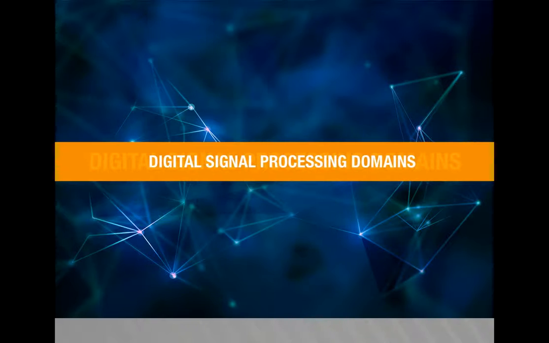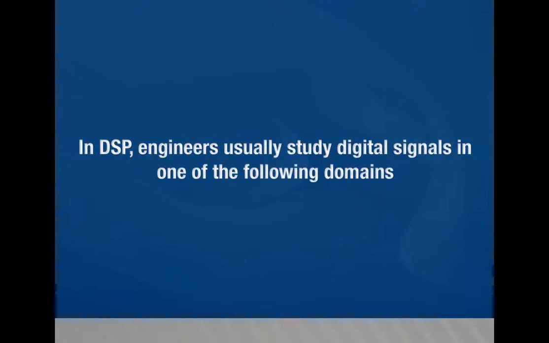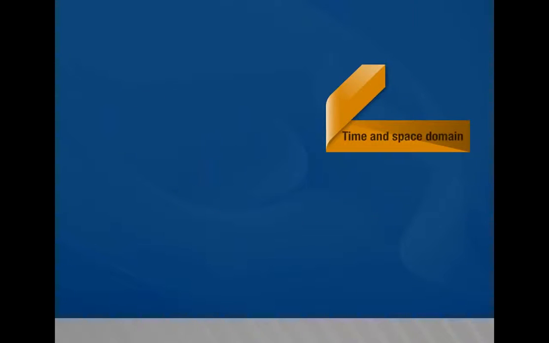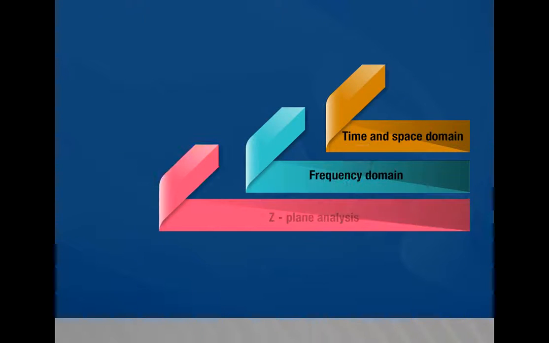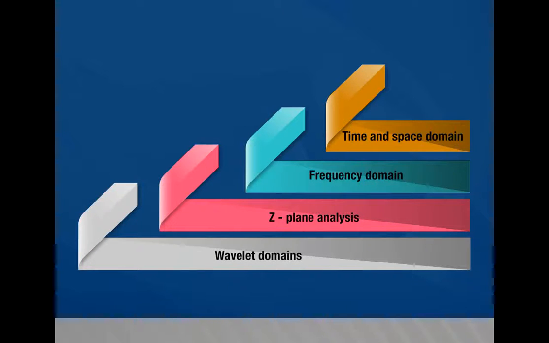Digital signal processing domains. This video explains about the digital signal processing domains. In DSP, engineers usually study digital signals in one of the following domains: time and space domain, frequency domain, Z-plane analysis, wavelet domains.